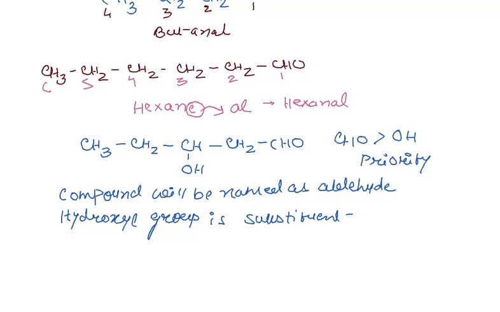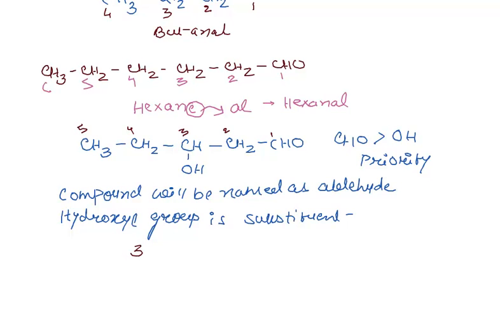Okay, now let's start numbering this chain. What I told you was that we have to number from the aldehyde carbon atom. So this is 1, 2, 3, 4 and 5. The hydroxy is on 3. What would be the prefix here? Hydroxy, right?